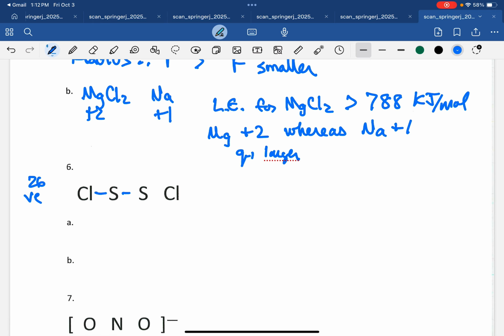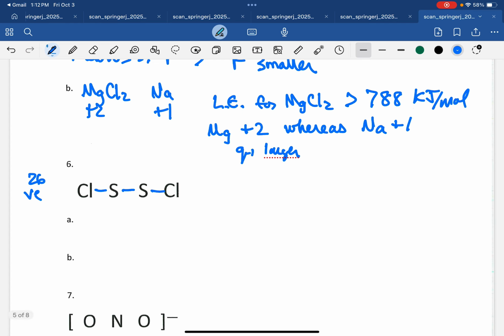So bond everything once. There's 6 of the 26. If I put an octet on each chlorine, so now we've got 8, 16, 17, 18. We need 8 more: 2, 3, 4, 5, 6, 7, 8. There they are. That is the finished product.